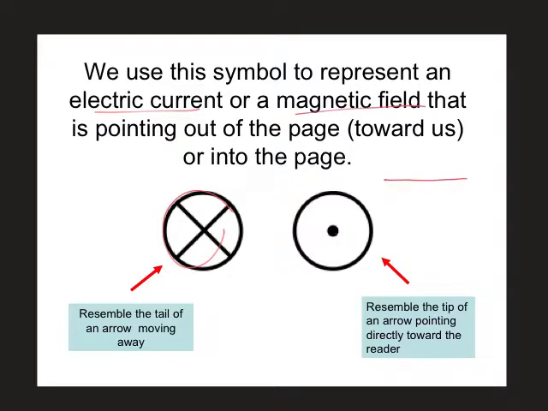An arrow has a tail, and if you look at the tip of the arrow, you see this symbol, which means it points towards you. This one represents that it is away from us, where we look at the tail. This symbol can represent an electric current or a magnetic field, depending on the information given.